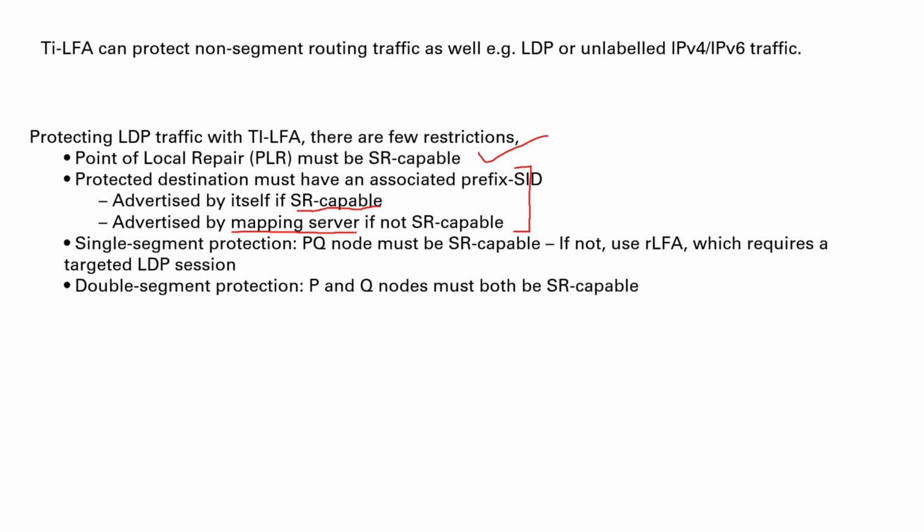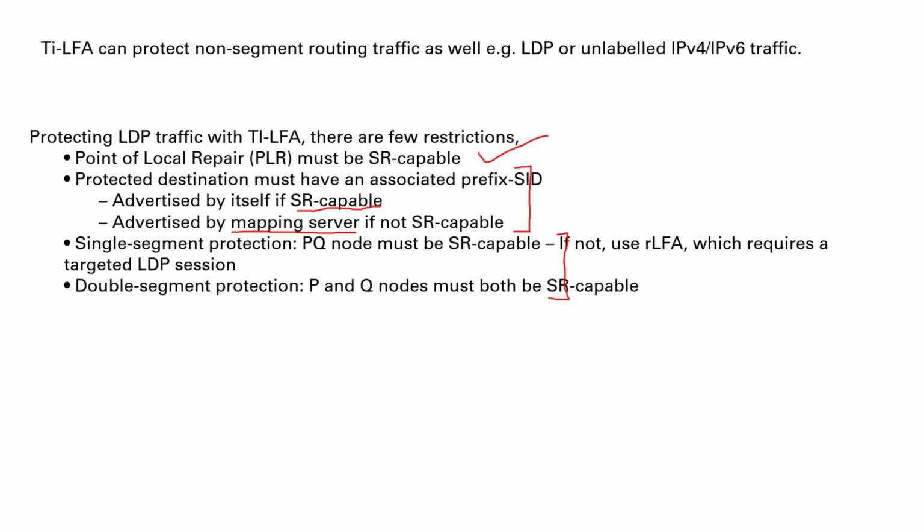So the mapping server will advertise the prefix-sid entries for these non-segment routing prefixes, which are there in the LDP domain, and then the whole segment routing domain can use that prefix-sid for those prefixes. And then the last criteria is, either it could be a P, Q or PQ node.